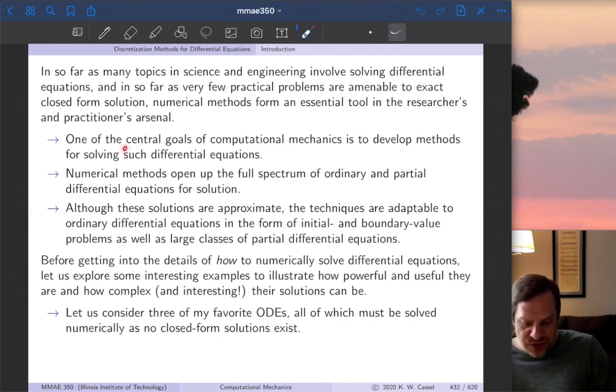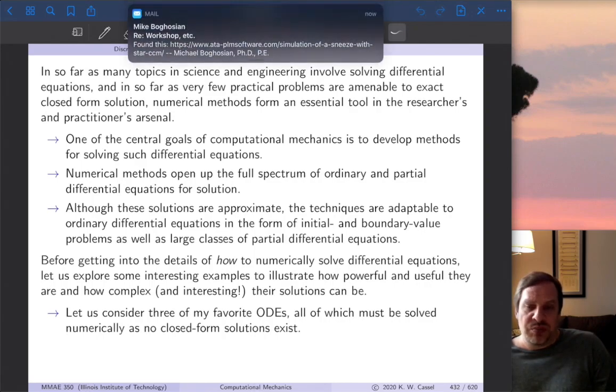Therefore, one of the central goals of computational mechanics is to develop these methods for solving differential equations numerically. By doing so, it's really going to open up the full spectrum of ODEs and PDEs. There's essentially no equation that we can't solve using these techniques. It might be hard, it might require massive supercomputing systems, but we can solve it.